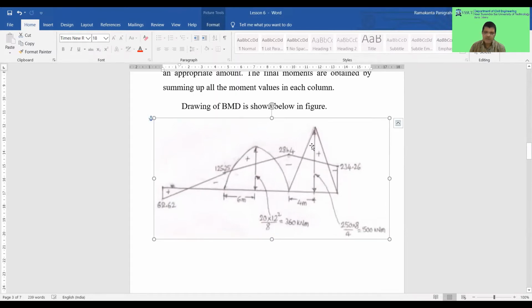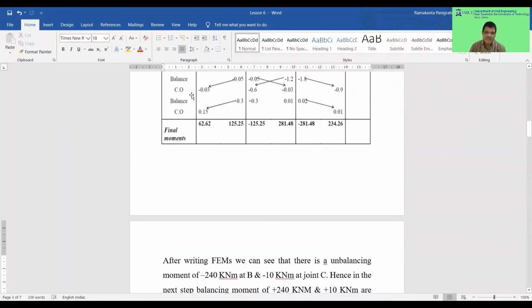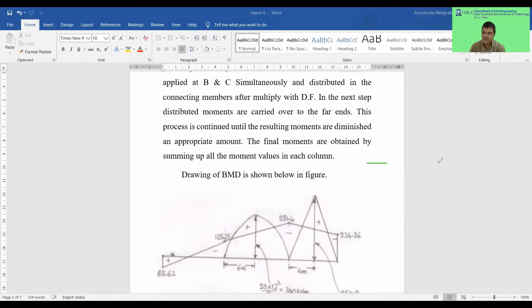Now we have got the values of moments. The first value is positive. Positive means clockwise. You can see these are the clockwise movements.